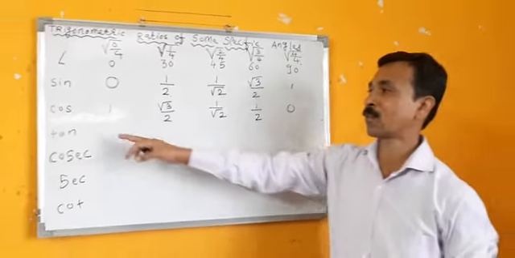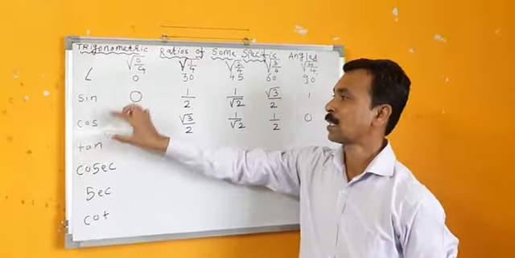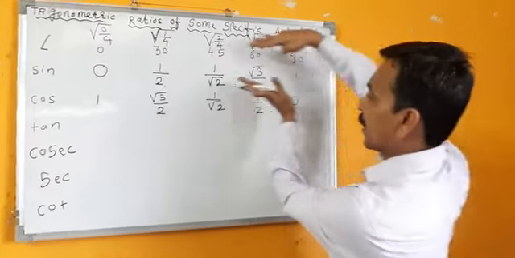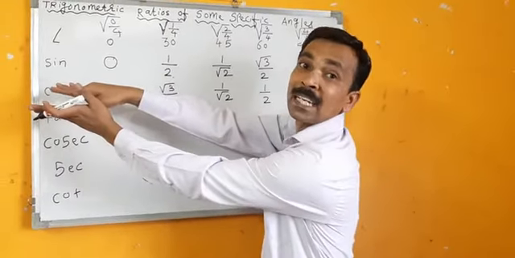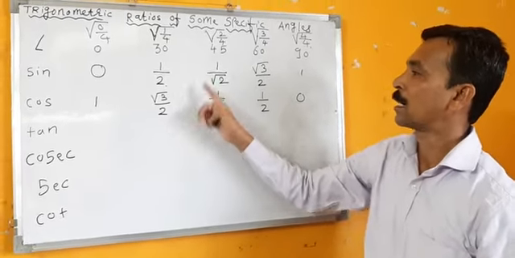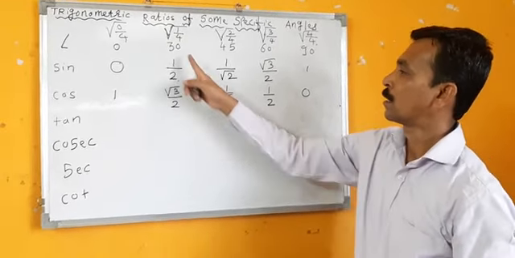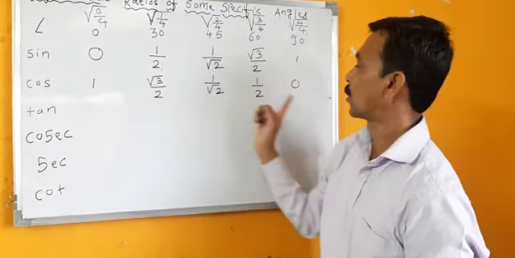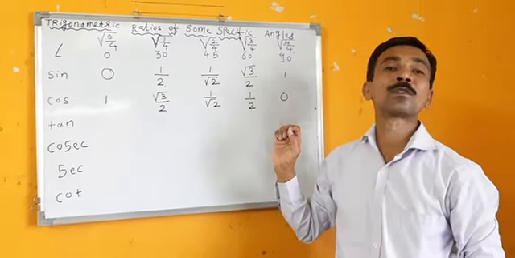Again I am repeating for finding the values of cos: whatever values we have got of sine, for 0, 30, 45, 60 and 90, you have to shift them to the left. So 1 comes here, root 3 by 2 comes here, 1 by root 2 comes here, 1 by 2 comes here, 0 comes here.